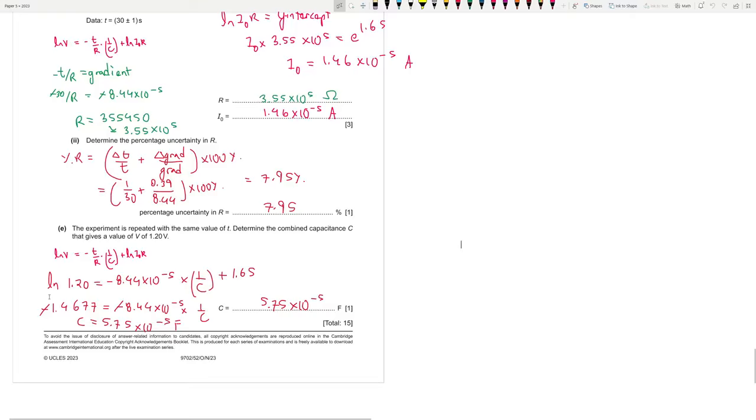So you bring 1.65 to the other side, you get a negative value. You can get rid of the minus signs, and C will actually be equal to gradient divided by this value on the left hand side. So it is gradient divided by ln V minus 1.65, your y-intercept. So I am getting a final value of 5.75 times 10 to the power minus 5 farads.